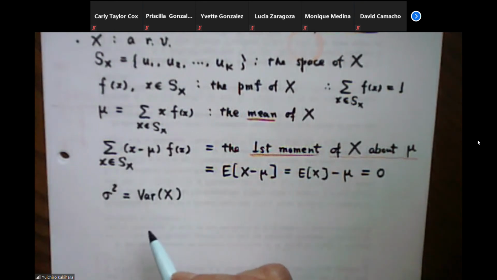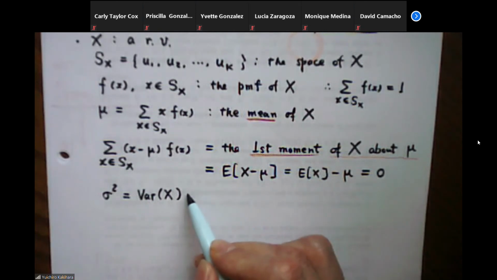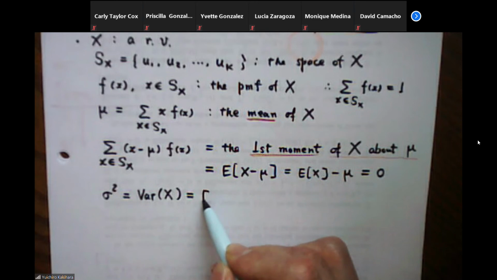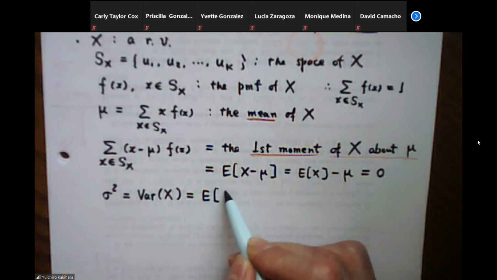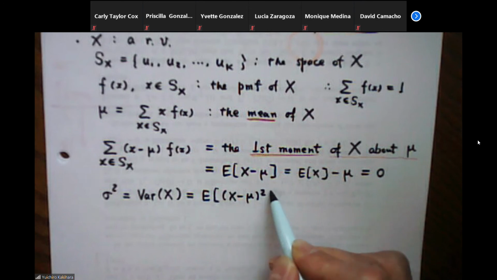Another notation: some authors use just V of x, but this author uses Var, V-A-R, indicating variance. It is defined by the expectation of x minus mu squared.